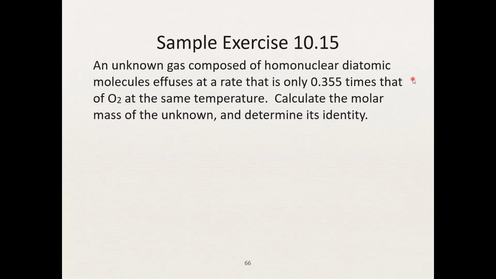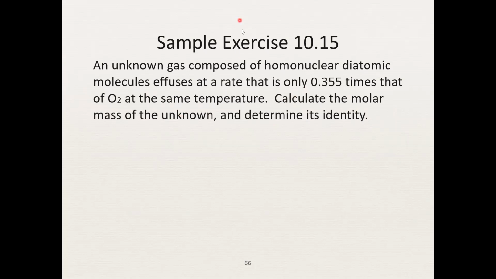Diatomic means we'll have two of those atoms. And then homonuclear means the nucleus of both of those atoms is going to be the same. So we're going to have just some diatomic molecules. So it could be hydrogen, oxygen, nitrogen, any of the halogens, basically. But in order to identify it, we'll need to get the molar mass first.